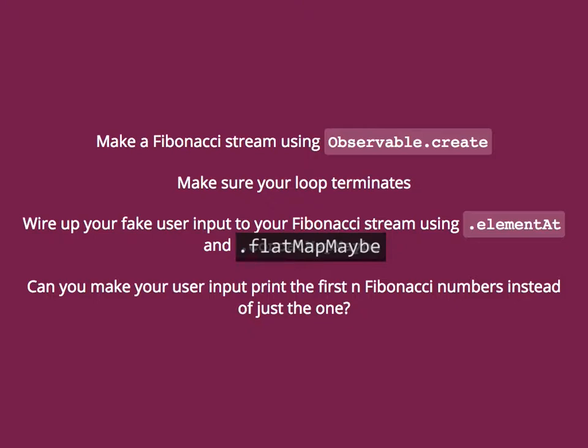But say we had some other kind of stream of things. Say we had a stream of news articles, and we wanted to pick a particular one from that stream, and element at would allow you to do that. Or you could take the first three elements if you're trying to create some sort of search feed, and you only want to return the first three results that match your search, and then discard everything else. And you can use this construct for a whole bunch of other different things.